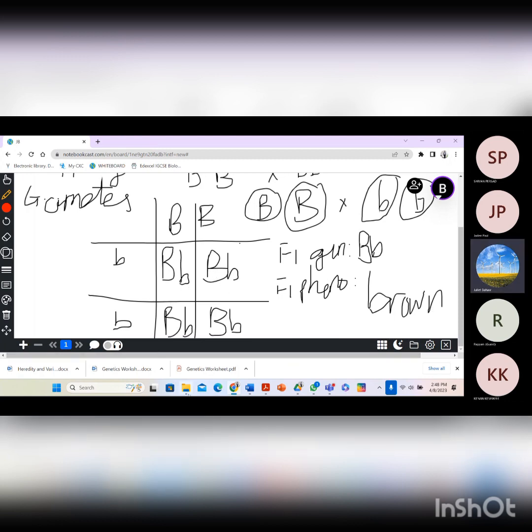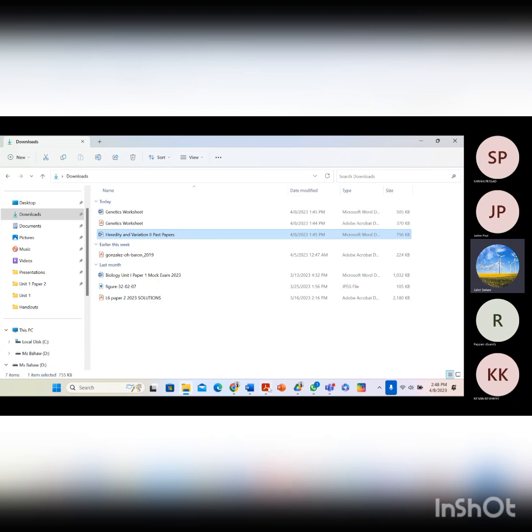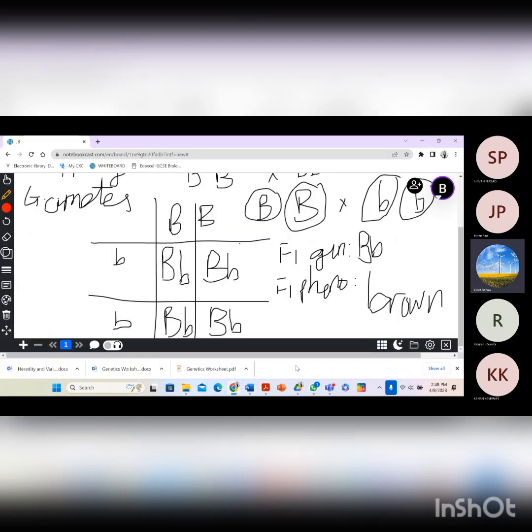Right, so I want to just go back to our slides just to recap on what we covered today. We covered two kinds of questions. Anytime you're using capital and common letters, that is what you call complete dominance, where you have an allele that can be completely dominant over the other, which is the capital form.